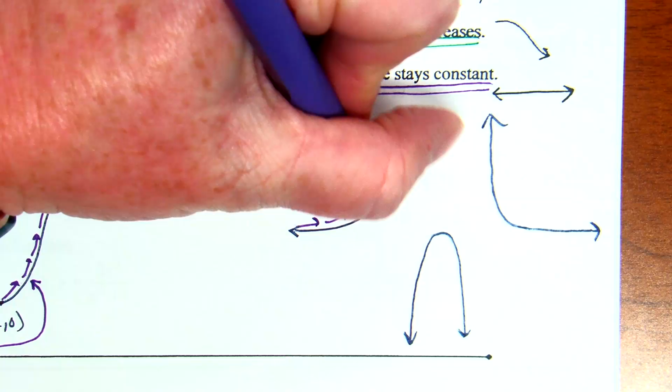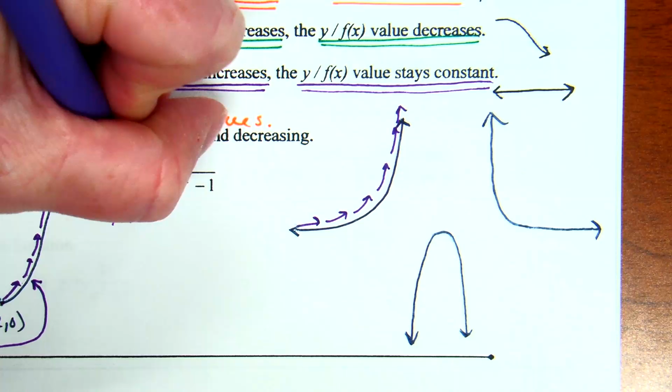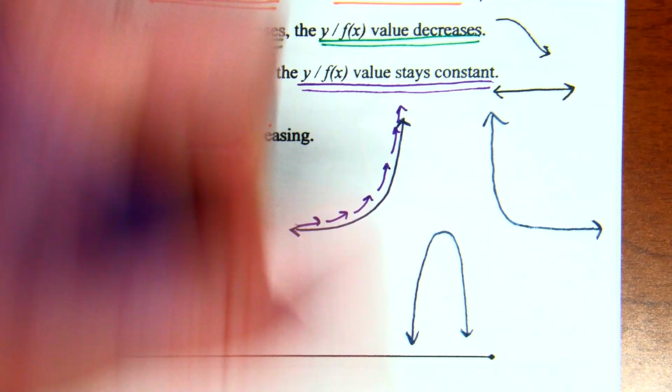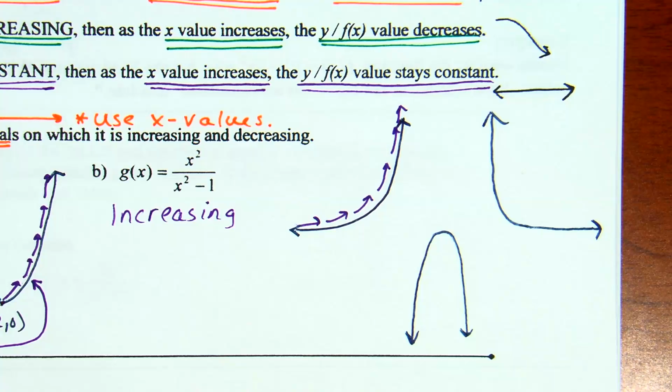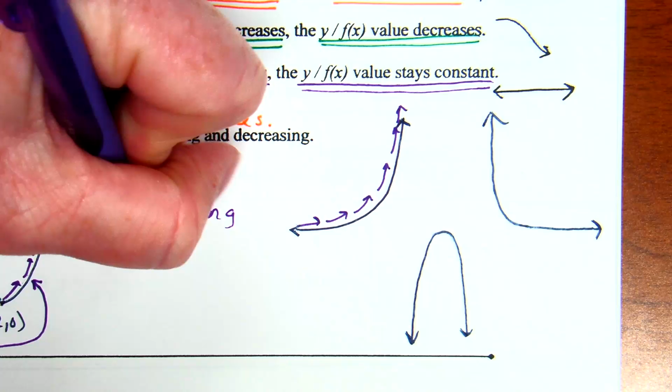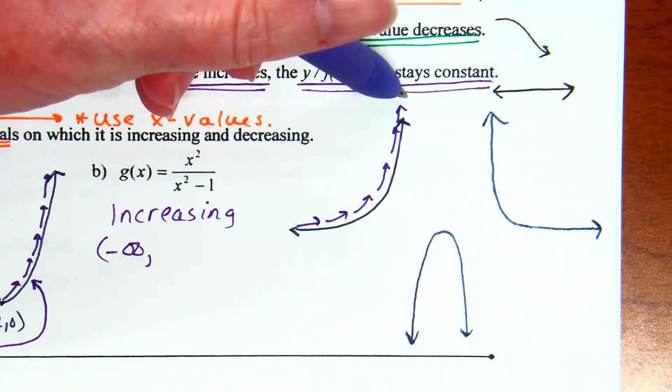When did I start increasing? Off the left side of the graph. So we start increasing at negative infinity. Now, what is the end of this interval here? I want the x value.